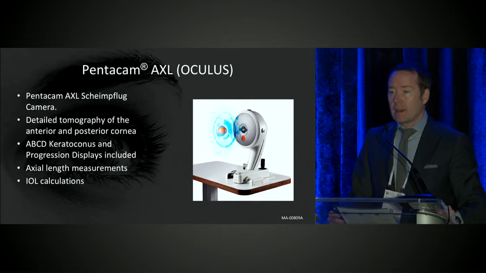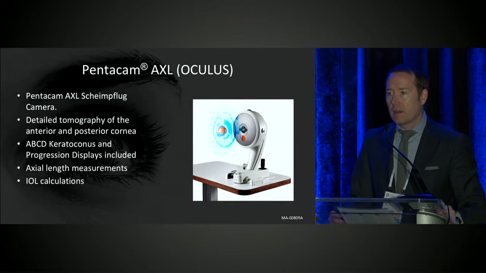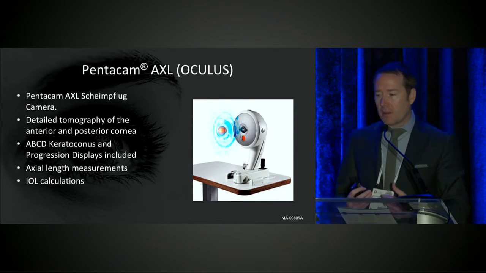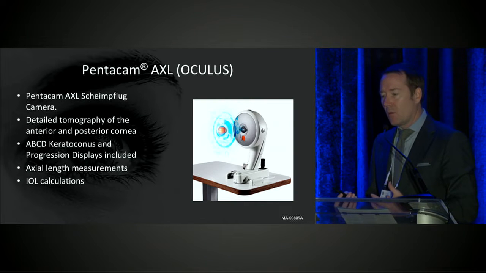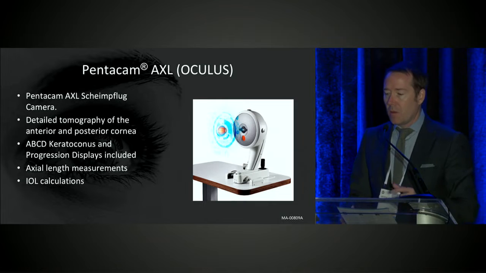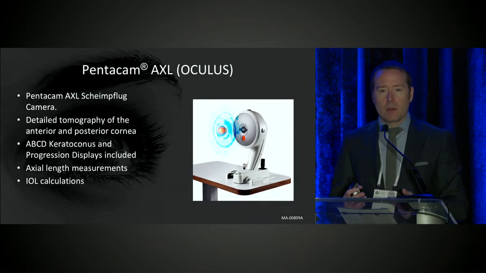The Pentacam AXL is a fabulous all-in-one device. We have had a really wonderful experience with this. Not only do we have a best-of-class tomographer where we get wonderful detailed information about the anterior and posterior cornea with the advanced keratoconus and progression displays that we've discussed, but we also get axial length measurements, which has been fabulous.